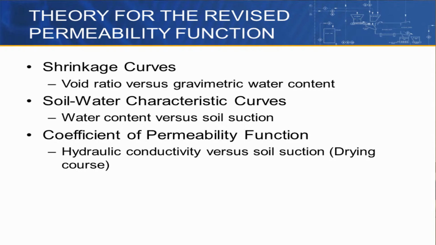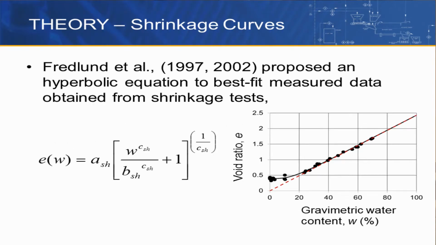So the theory covers three parts. The first part is the shrinkage curve, which builds the relationship between the void ratio and the gravimetric water content. And the soil water characteristic curve is the relationship between the water content and the soil suction. And the coefficient of permeability function is essentially constructed based on these two curves, the shrinkage curve and the soil water characteristic curve. For the shrinkage curve, Fredlund proposed a hyperbolic equation to best fit measured data from shrinkage tests.